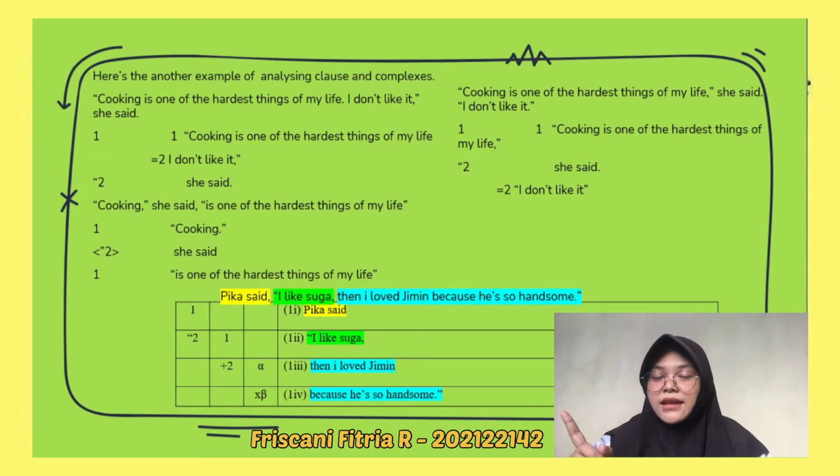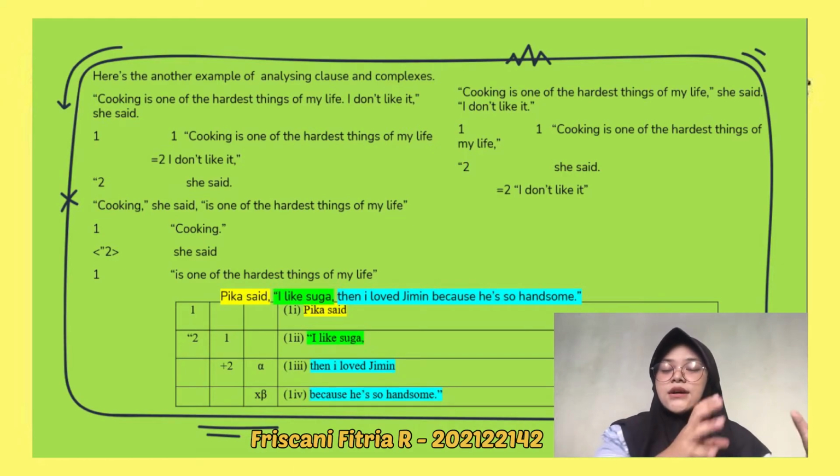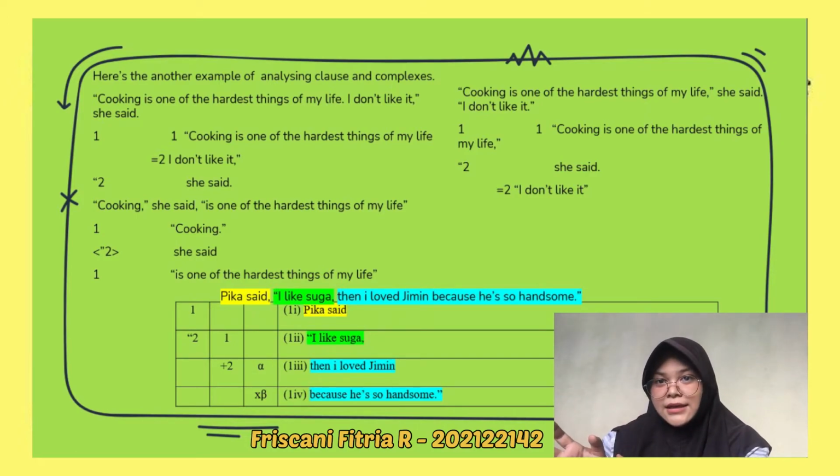Okay, let's take a look. There is "cooking is one of the hardest things of my life," and "I don't like it." Then "she said." Okay, why is it not labeled as 1, 2, or 3? Basically, from this example, from the word "cooking" until the word "it" talks about something that somebody said.